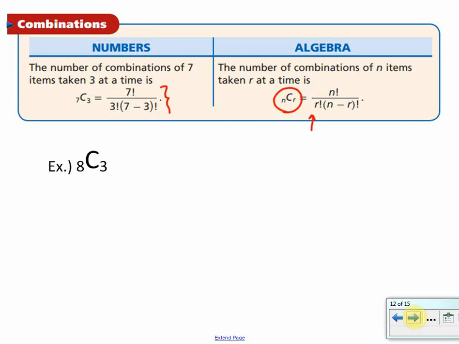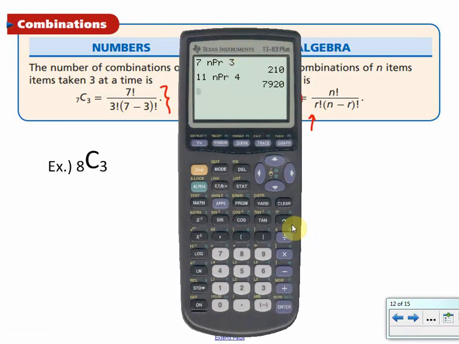So if I want to calculate a combination of 8 things chosen 3 at a time, again, I'm going to start with the 8. And then when I go to the probability menu, I'm going to pick number 3 because that's the combination instead of number 2. Whoops. Try that again.